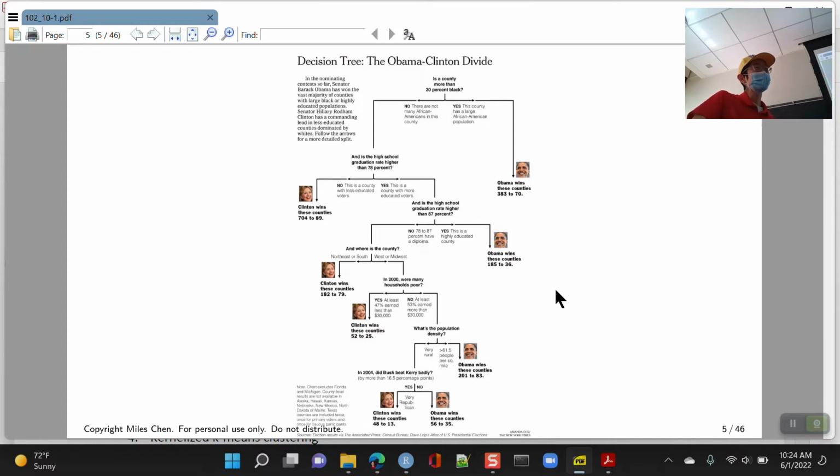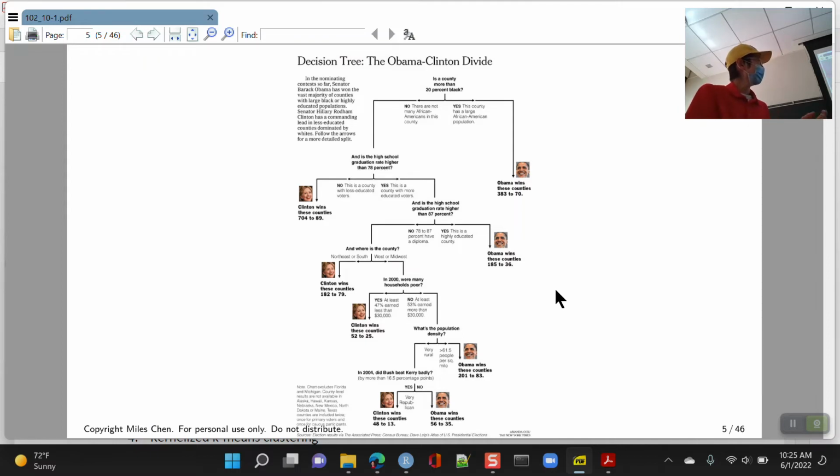This was when Obama was running for president, and during the primaries, it was Obama versus Clinton, and Obama eventually won. This was maybe early on in the primary season, and some of the primaries had already completed, and they were trying to predict what's going to happen in the remaining states that are going to go through primaries, and is Obama or Clinton going to win?